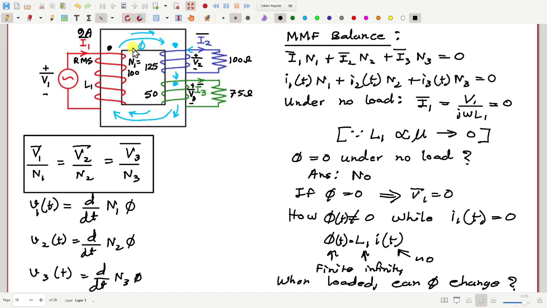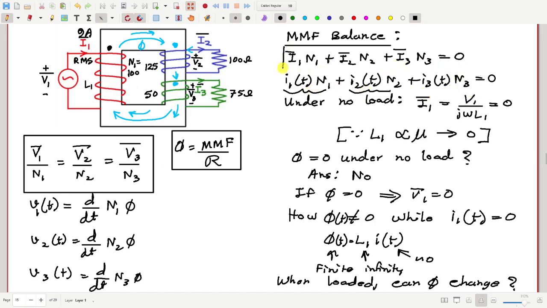Flux should remain the same. So this is the MMF produced by coil 1, current 1, this is the MMF produced by coil 2, and this is for coil 3. Flux is approximately MMF by reluctance of the core. So if I divide all these quantities by reluctance, I will get the flux, and that flux should not change. Therefore, this quantity should be equal to 0.